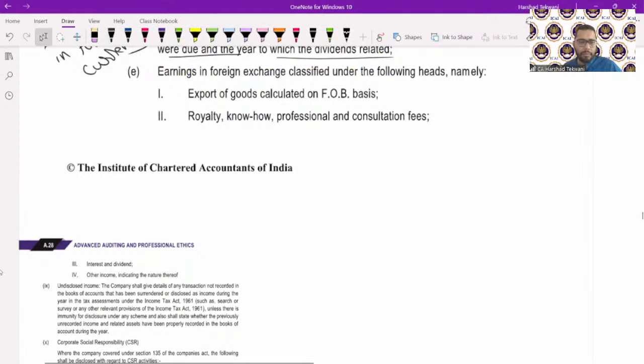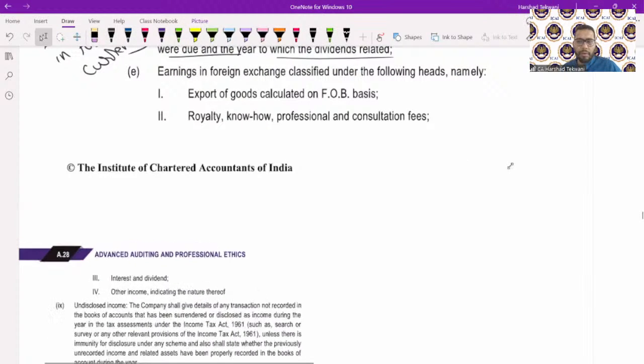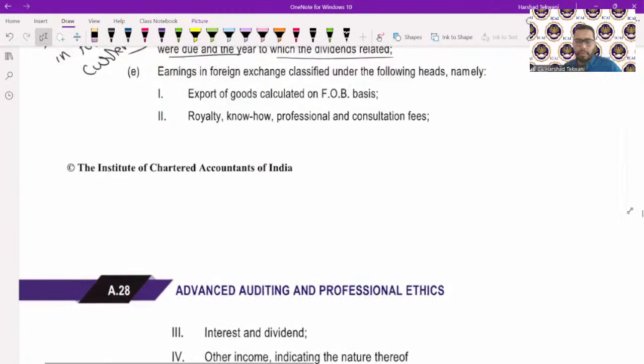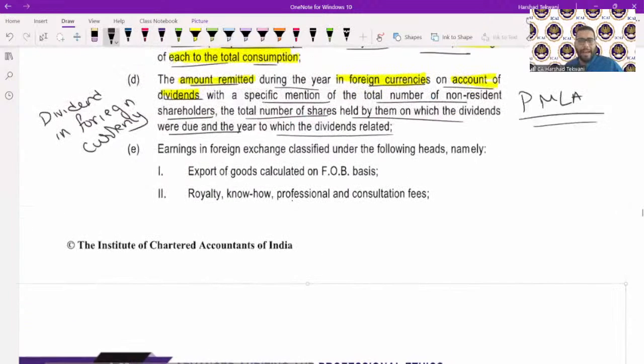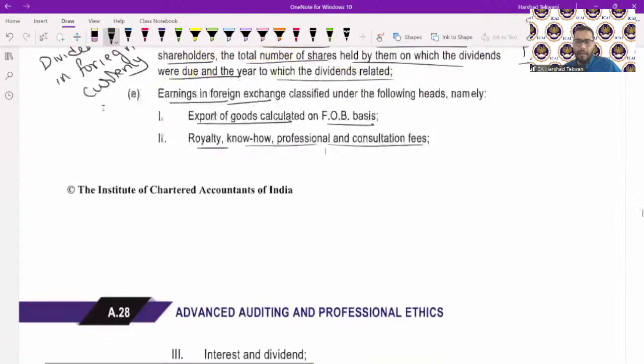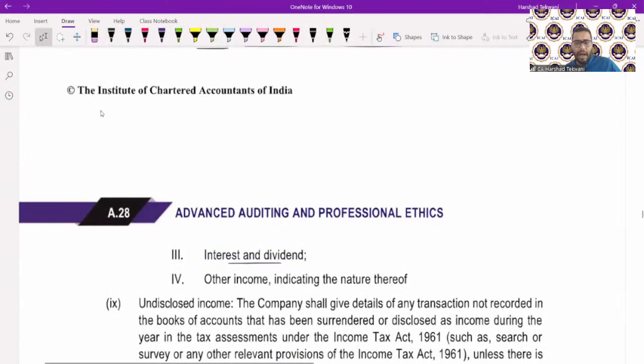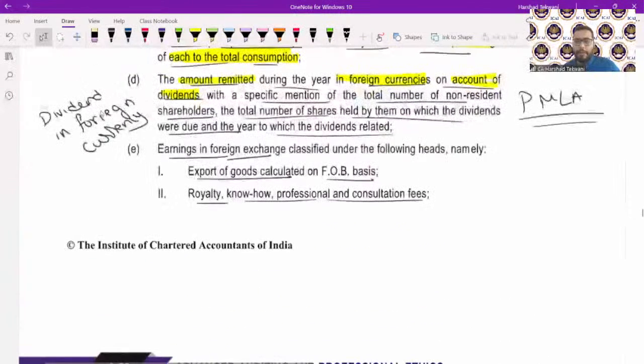Then, earnings in foreign exchange from export of goods on FOB, royalty, know-how, professional consultancy, interest, dividend, other income. This is for the purpose of knowing how much of my income is from outside India.